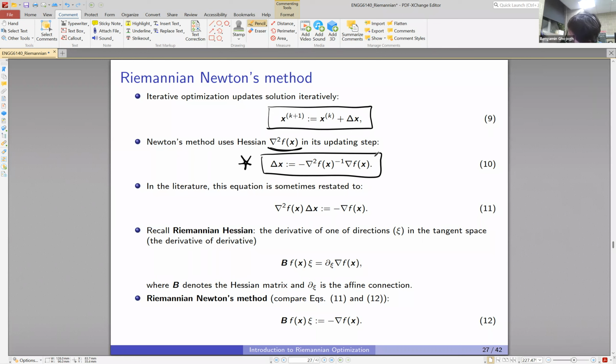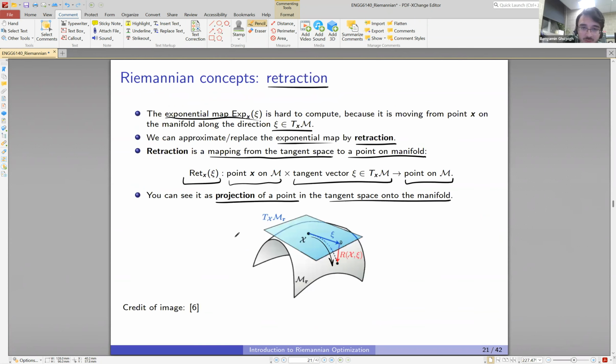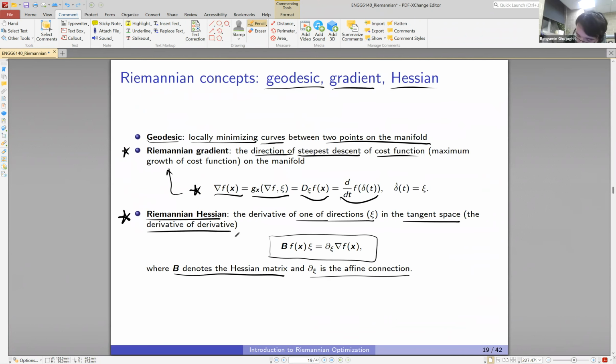So you have this. You can also left multiply the sides by the Hessian, so Hessian and Hessian inverse cancel each other. We can restate equation 10 as equation 11. Doesn't matter. Okay. Now we can generalize equation 11 to have a Riemannian Newton's method. Recall the Riemannian Hessian. We had it here, in this slide.